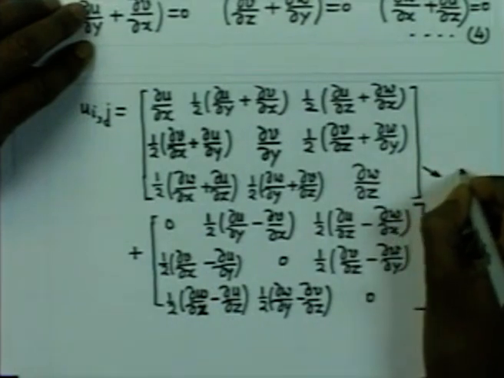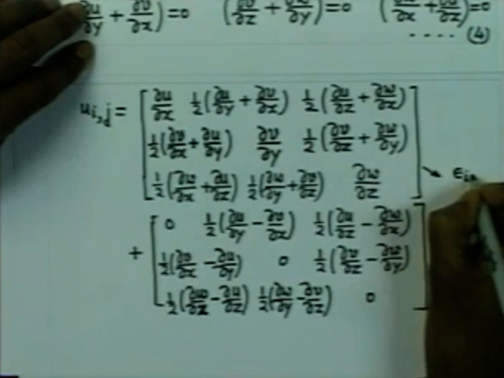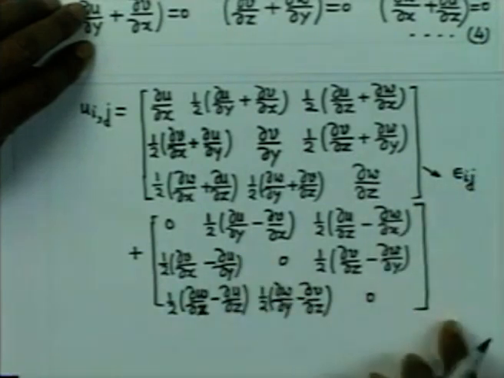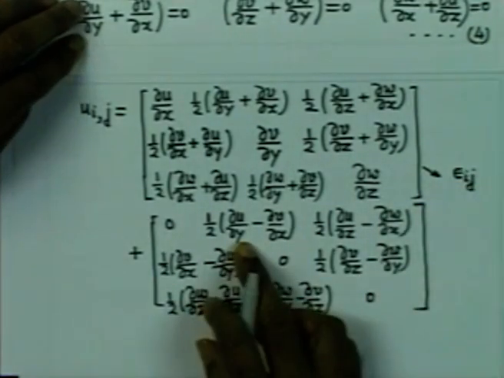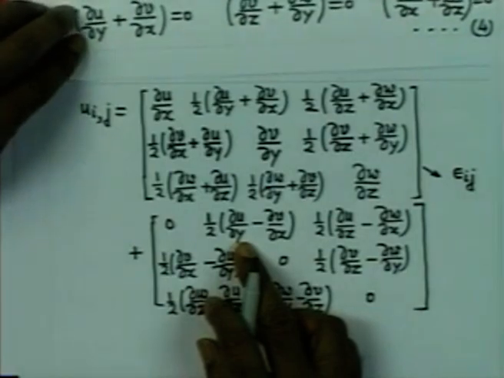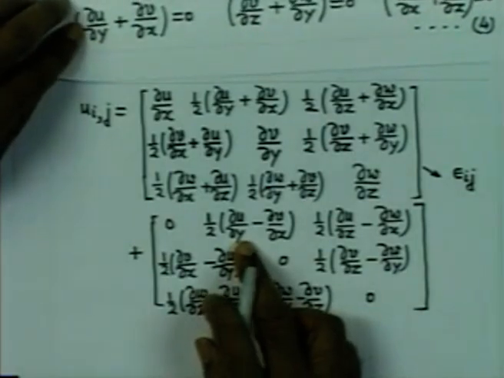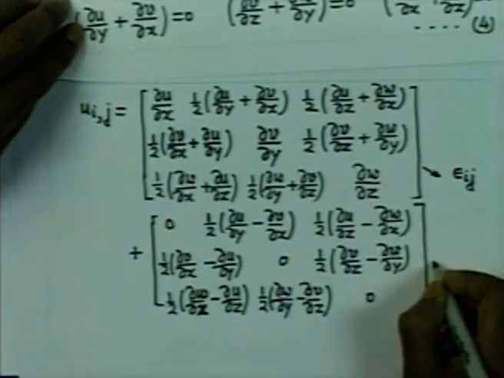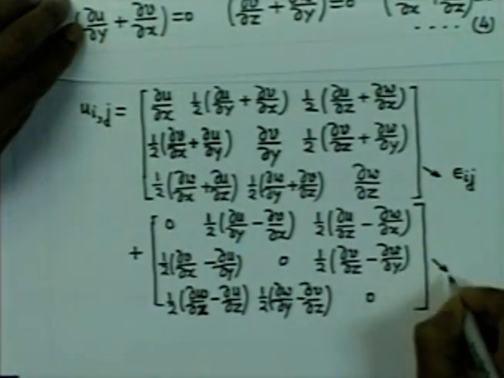So, this is the strain tensor epsilon ij, and this other one is the rotation tensor.